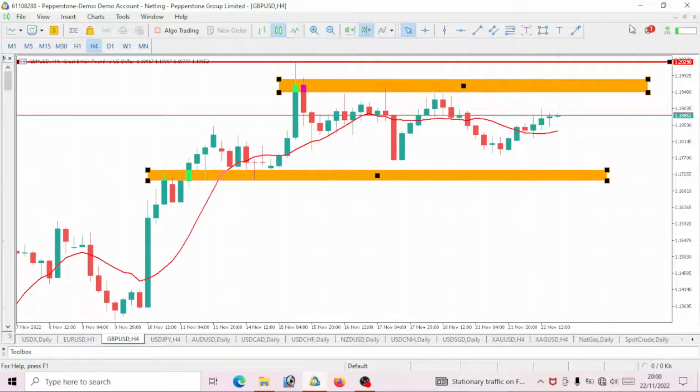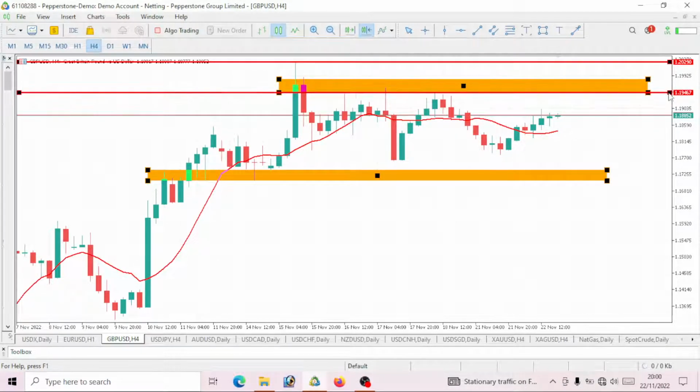So first of all, a level of 1.9480. Let me add this. Okay, this is it. So we would want to see this GBP USD go bullish and take out this level on our 4-hour time frame.